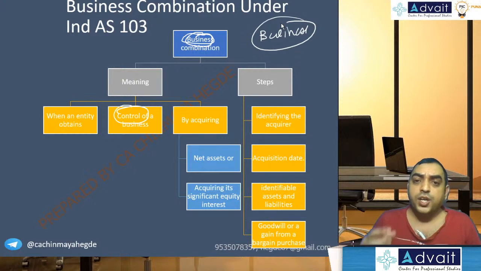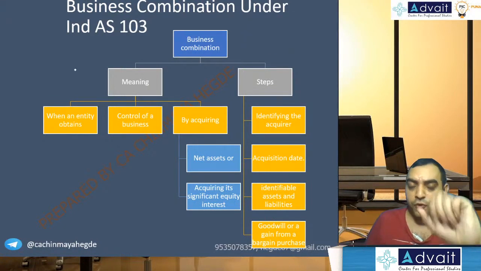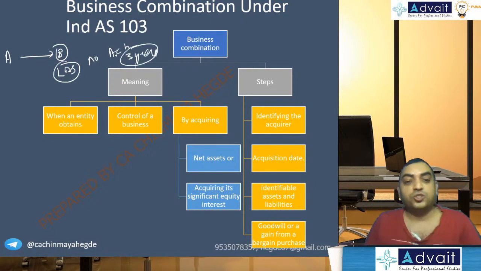Sometimes one small company takes over a big company for the purpose of taxation benefit. For example, A Limited acquires B Limited, a complete loss making company, with no activity for the last 3 years. Why will you acquire B company?